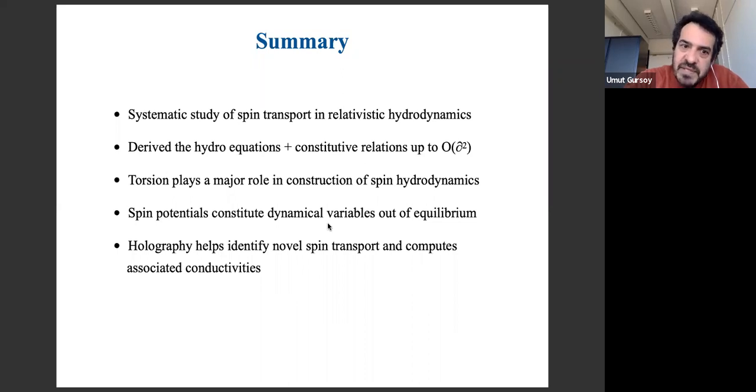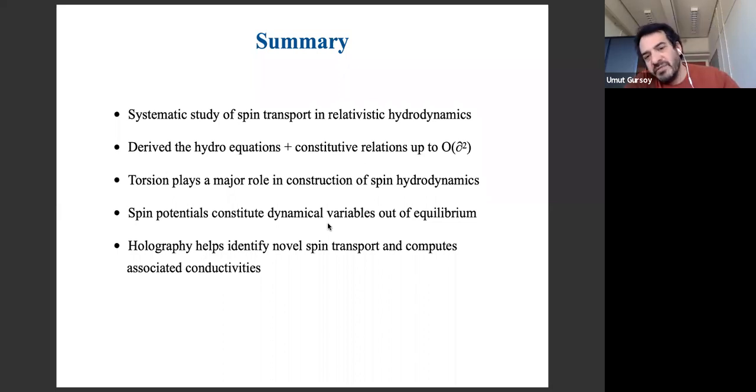Another key message is that you have to introduce these dynamical variables, the spin chemical potentials, and they are the basic dynamical variables of your system, valid also out of equilibrium. In equilibrium, they reduce to the quantities that we know, vorticity and thermal gradients, etc. But out of equilibrium, they have their own life, which should be determined by solving these hydrodynamic equations.